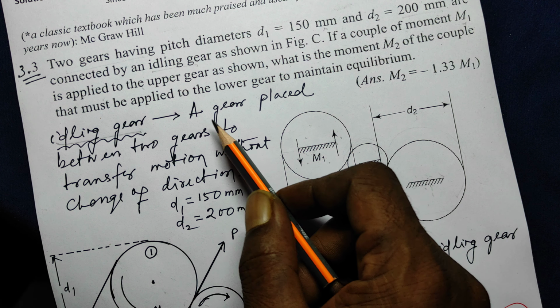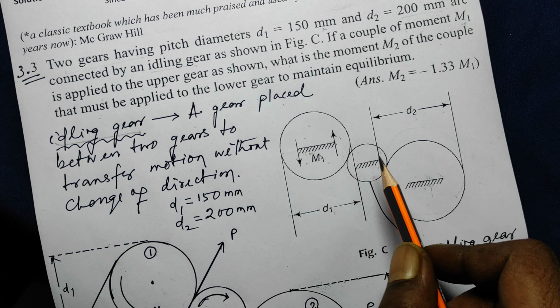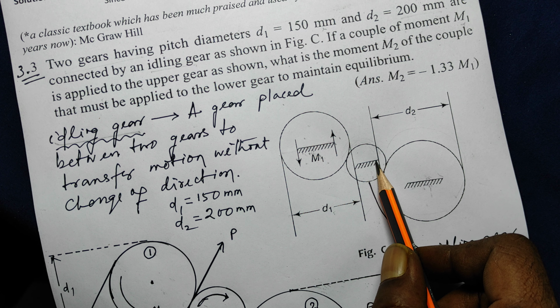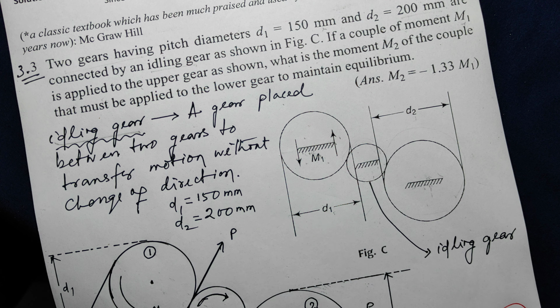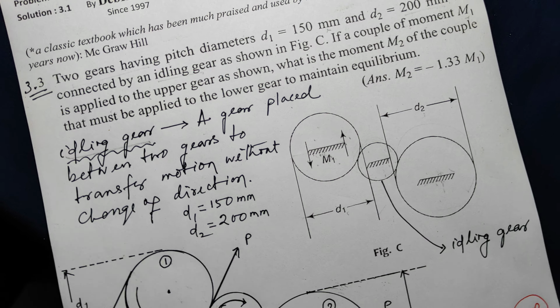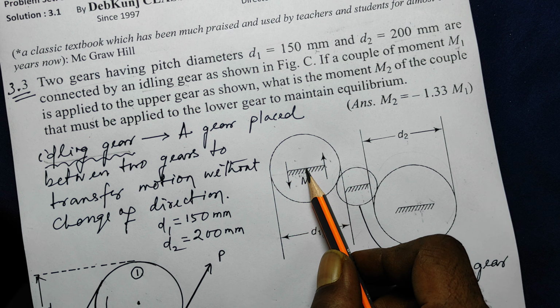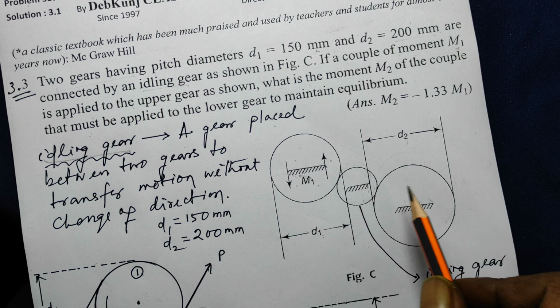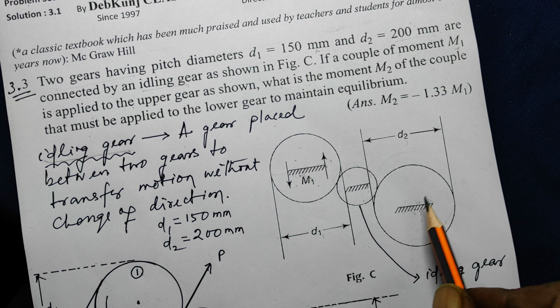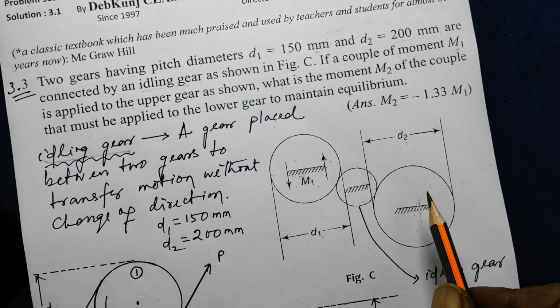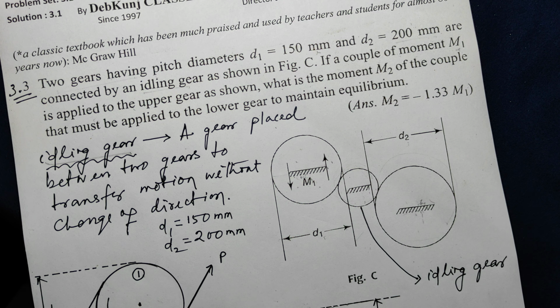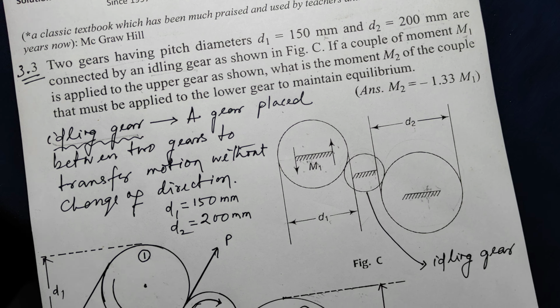What is it? A gear placed in between 2 gears to transfer motion without change of direction. Now, if a couple of moment M1 is applied to the upper one, what is the moment M2 of the couple that must be applied to the lower gear, that is this one, to maintain equilibrium?